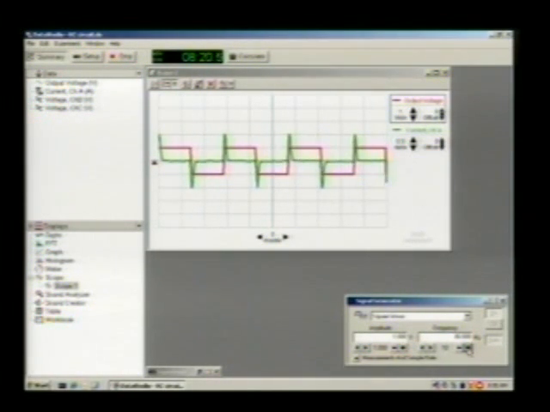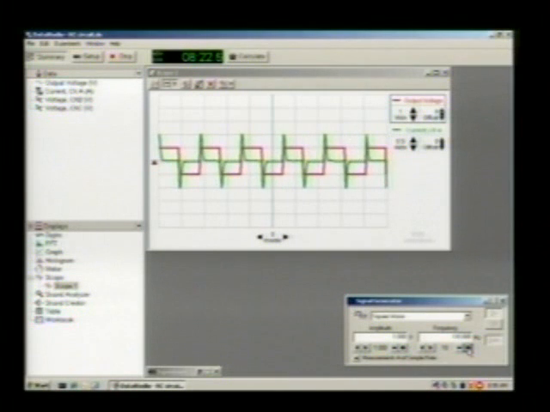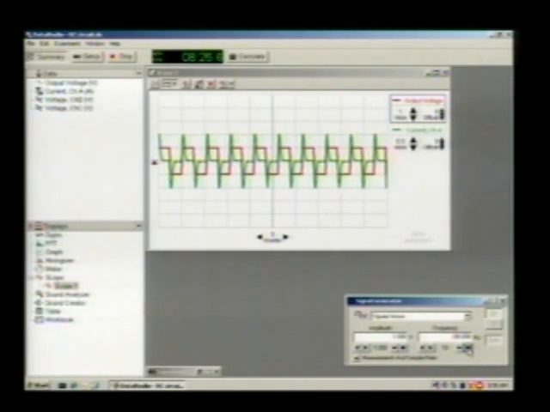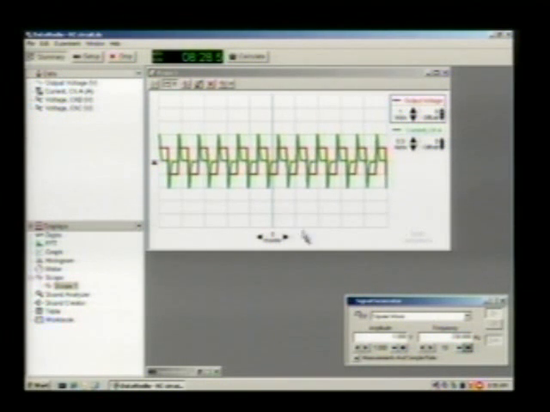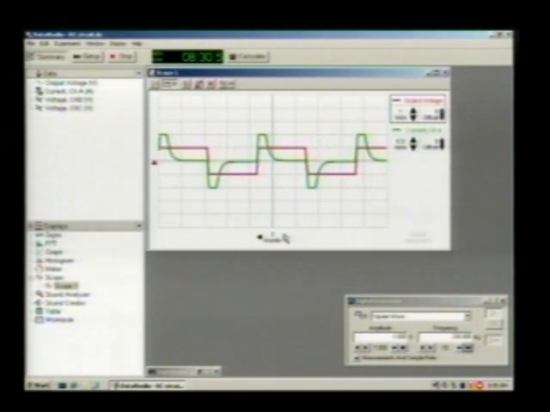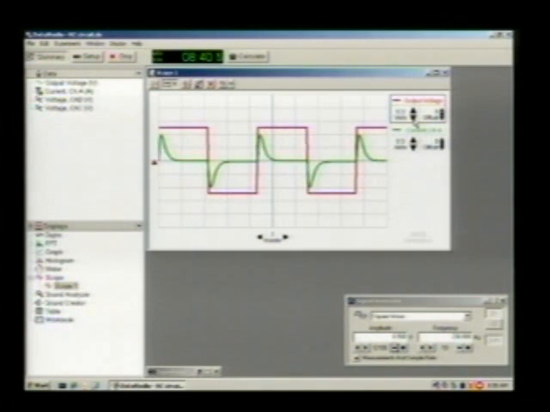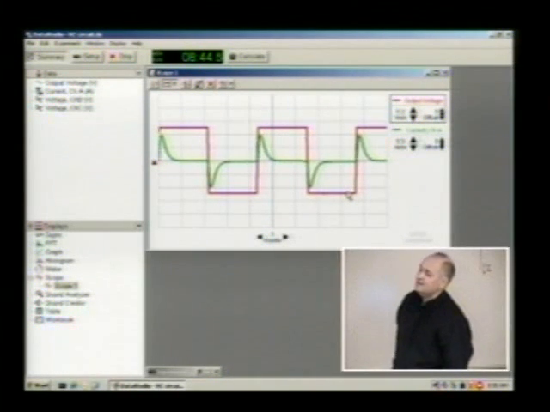Let's make it even more. All right, so I made a much smaller potential difference, but does it resemble something else?